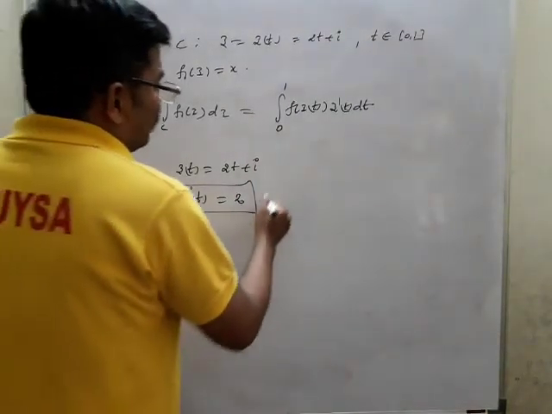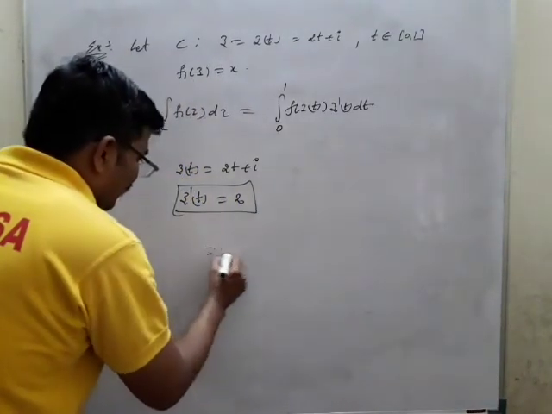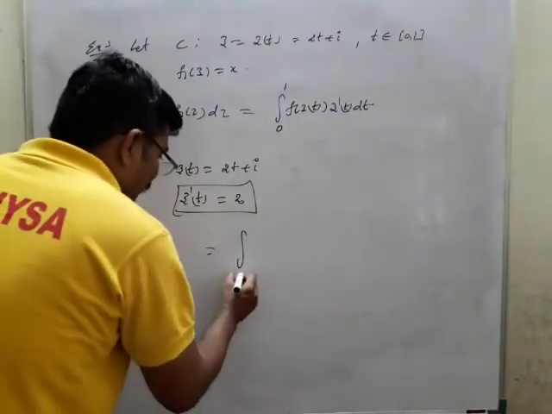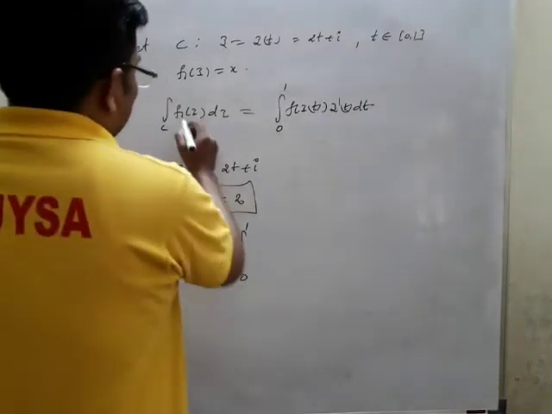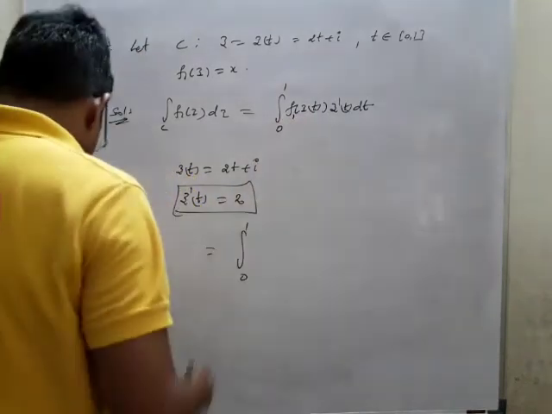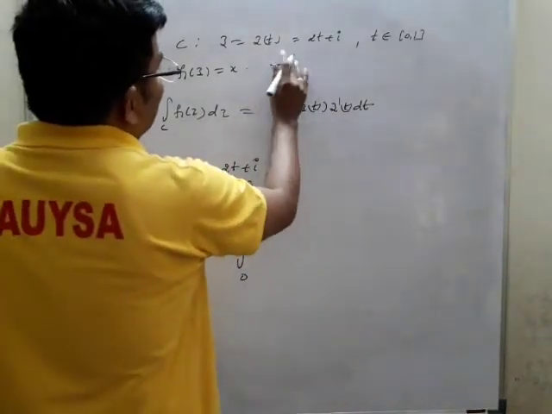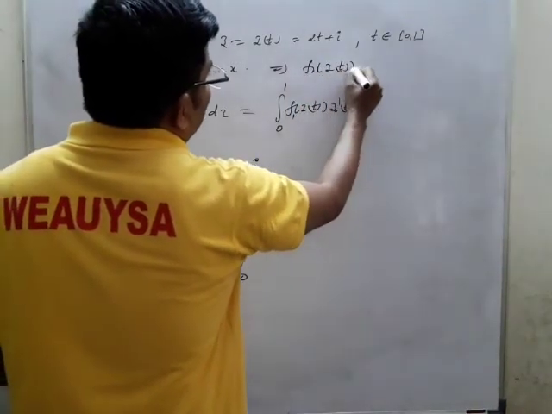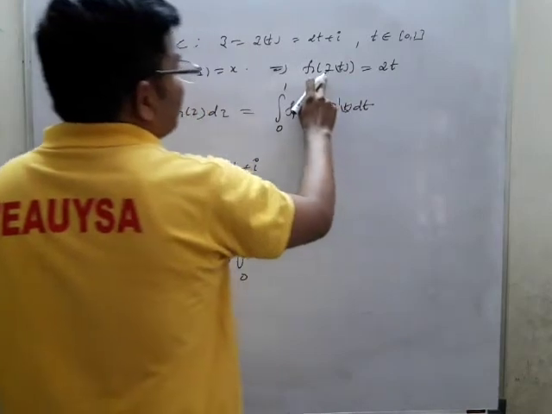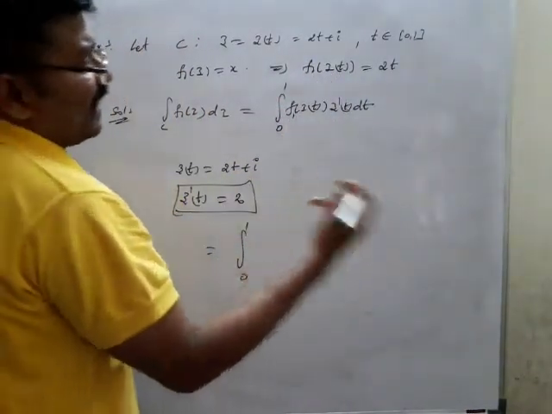So this is equal to the integral over 0 to 1. The formula is nothing but this. f1 of z of t is nothing but here 2t, because z of t means x of t plus i y of t.